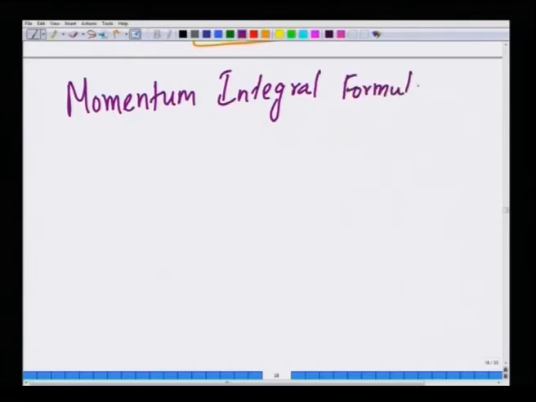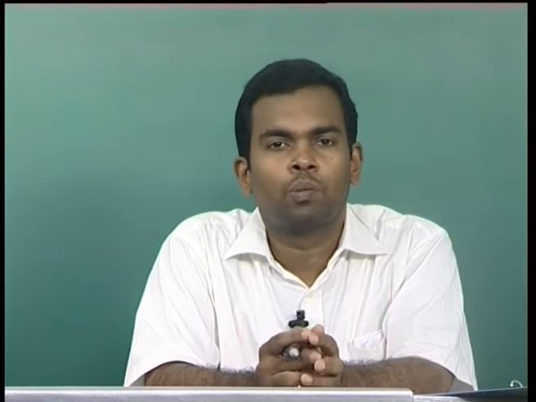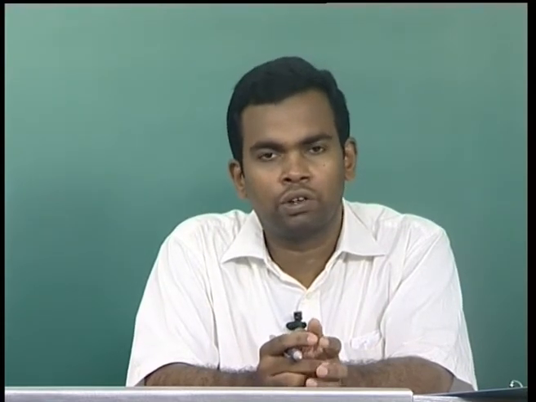In more advanced classes, you will learn how to solve the boundary layer theory, the boundary layer governing equations, how to solve the Navier-Stokes equations within the boundary layer approximation using suitable mathematical techniques, and that gives you a more rigorous solution to the problem, but that is beyond the scope of the present introductory course.